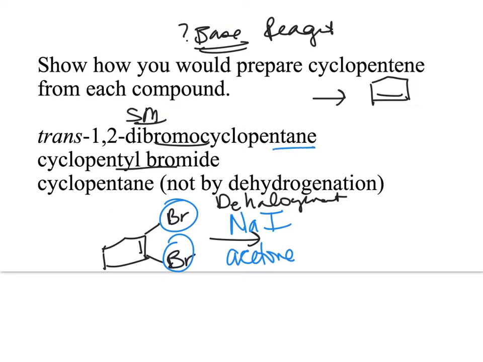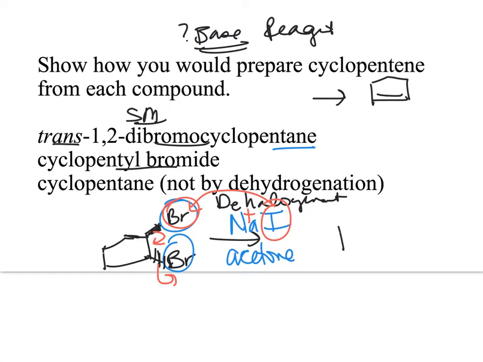And it's pentane. And I was wondering about that. Because when it says trans, one's got to be up and one's got to be below the ring. So sodium iodide has a great affinity for bromine, and so the iodide will actually bond with bromine and will eliminate.